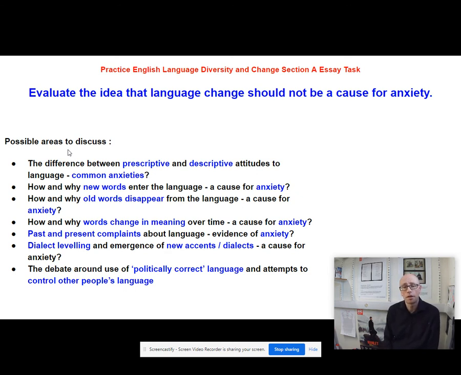You could be thinking about archaisms, so outdated words that disappear from the language. Is that process a cause for concern? And then you could be thinking about neosemy, the idea of how and why words change in meaning over time. Should people be concerned that words naturally seem to change in meaning over time?